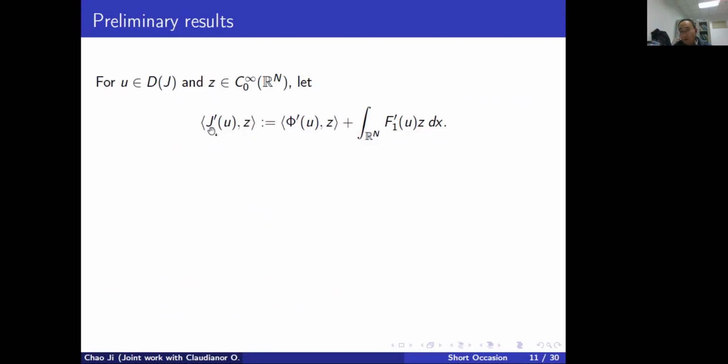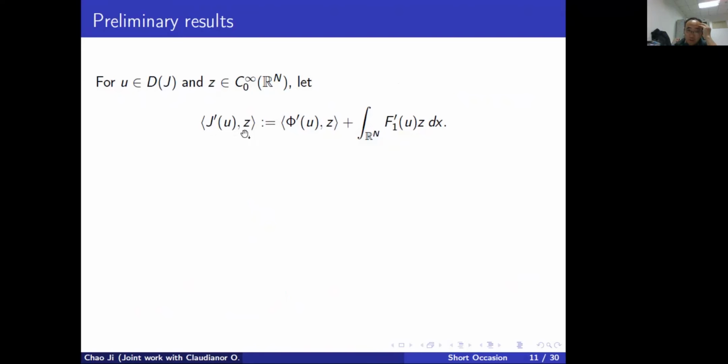As I said before, G is C1 in H1 of Rn. So this is meaningful.